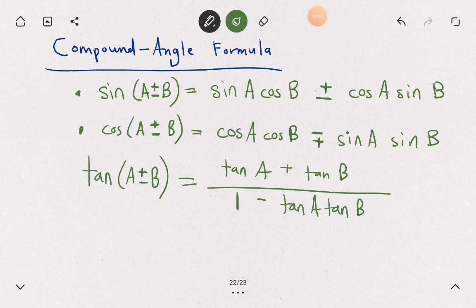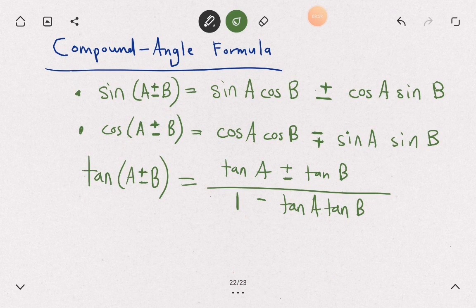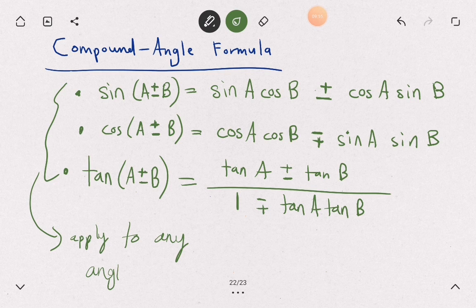If it's A minus B, the numerator will be a minus and the denominator will be a plus. So these are the three formulas, and they apply to any angles A and B. Any angle you put inside, it will work.